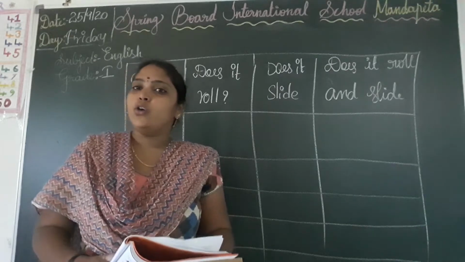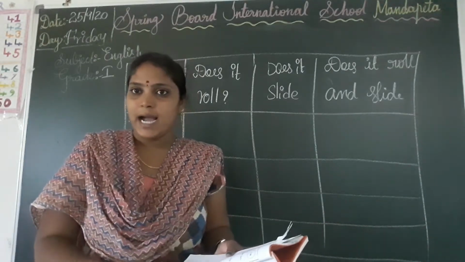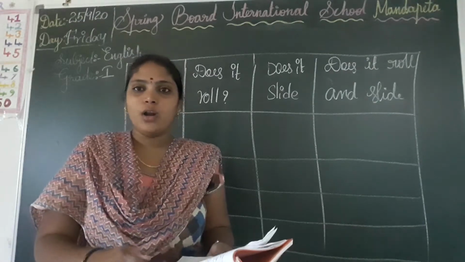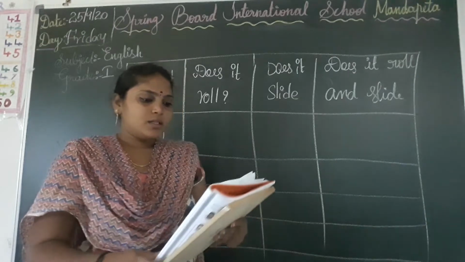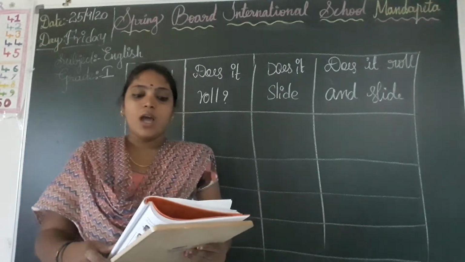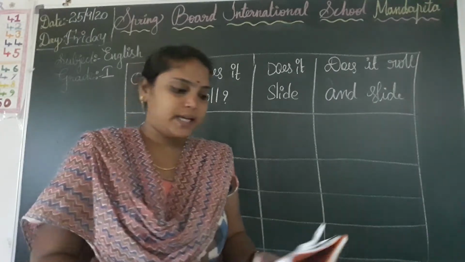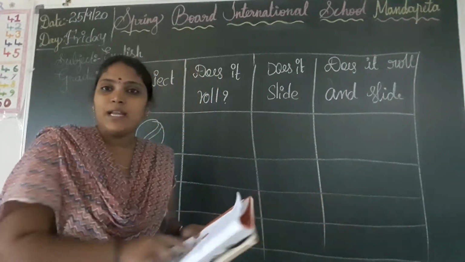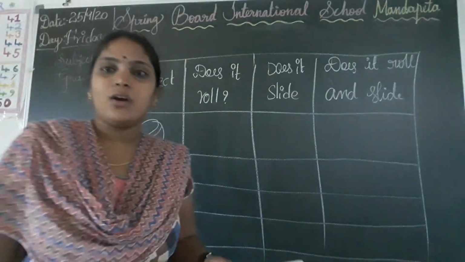So here you have to check whether these objects roll or slide or both roll and slide. So put a tick in the table below under the correct column for each object. So here the first one given is ball. Okay, let us check whether the ball slides or rolls, children.